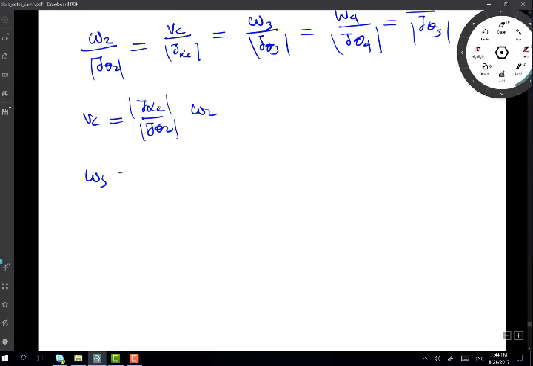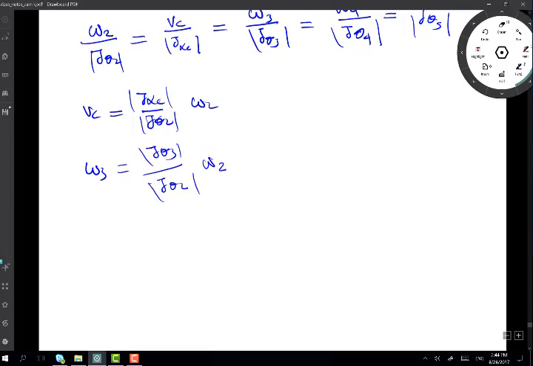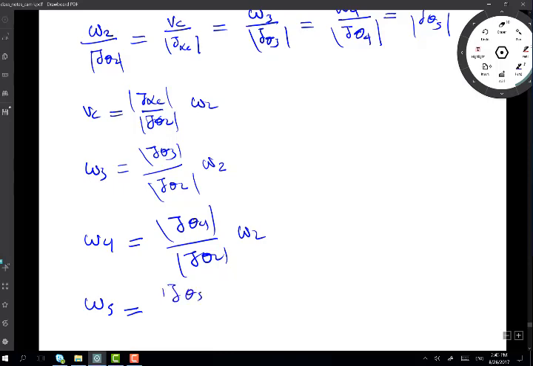So omega 3 is equal to the determinant J theta 3 over the determinant J theta 2 times omega 2, and then I have omega 4 equal to the determinant J theta 4 over the determinant J theta 2 times omega 2, and then omega 5 is equal to the determinant J theta 5 over the determinant J theta 2 times omega 2. Now I have those expressions.